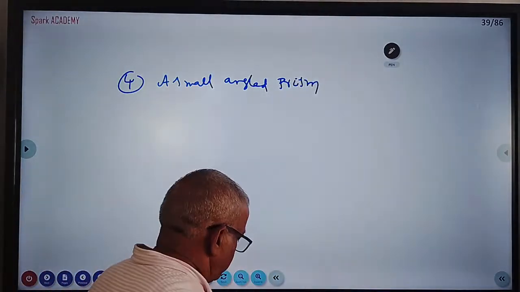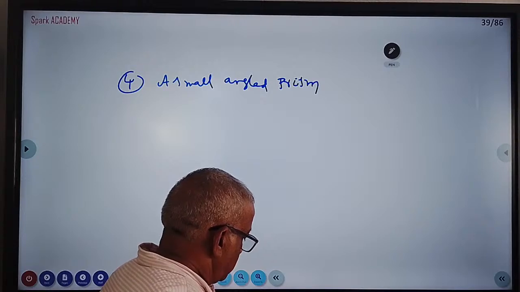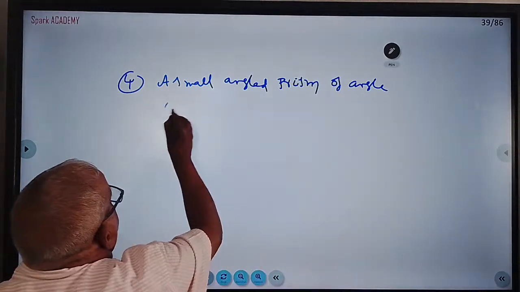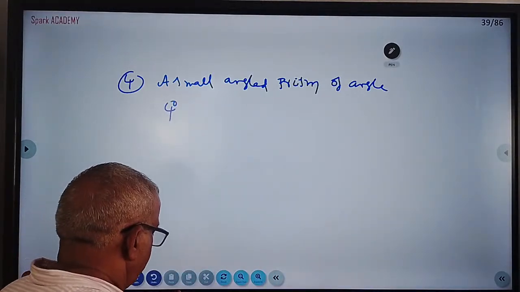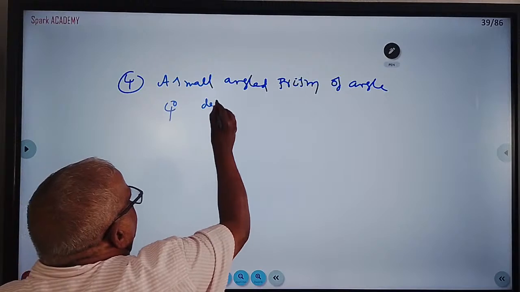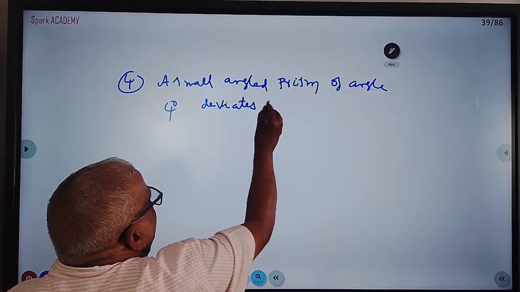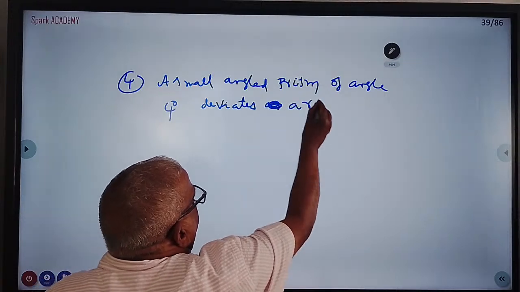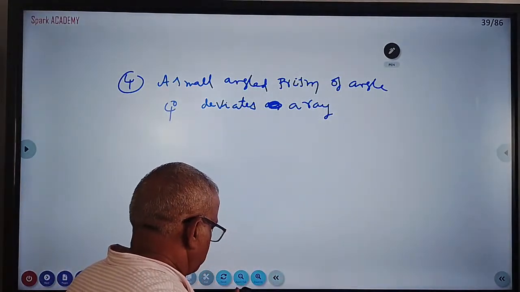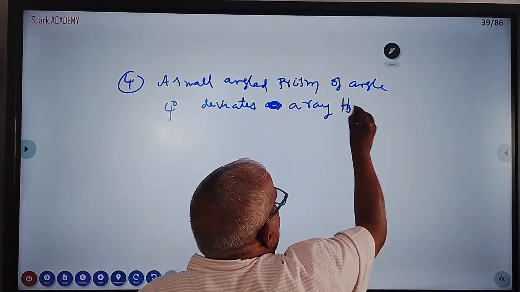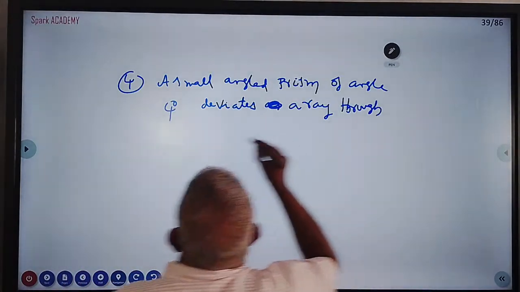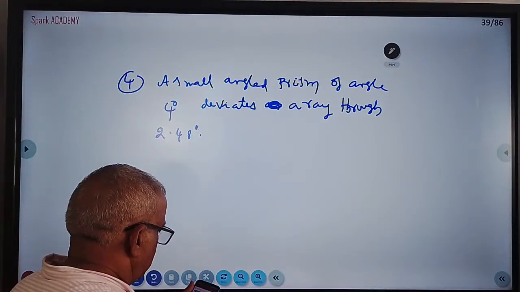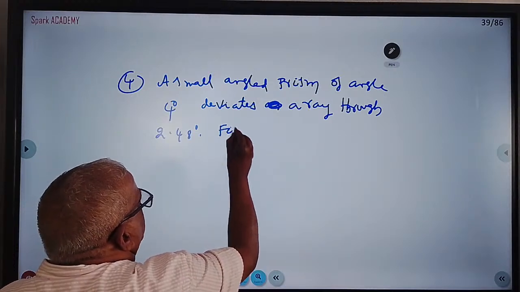A small angled prism of angle 4 degrees deviates a ray through 2.48 degrees. Find the refractive index of the prism.